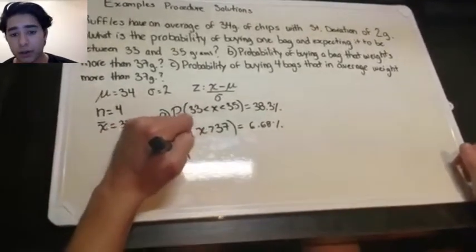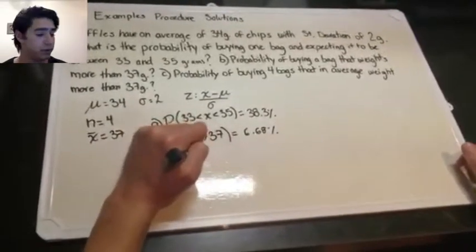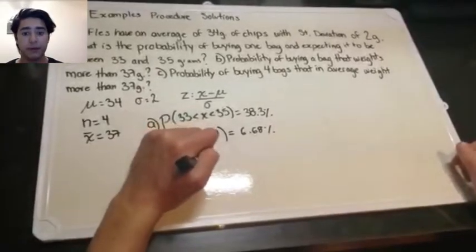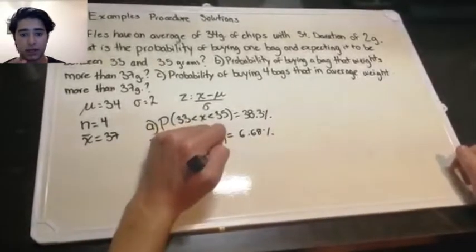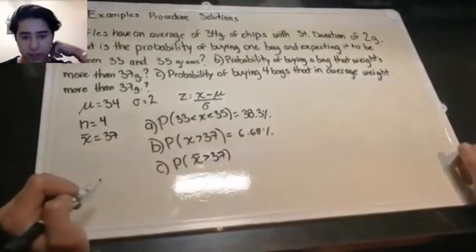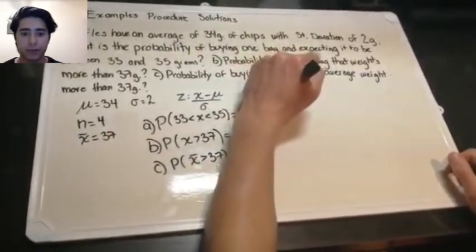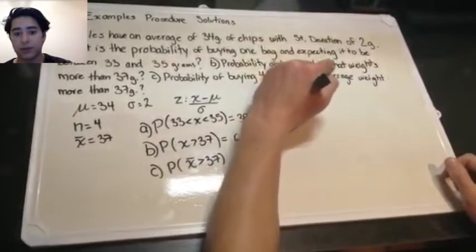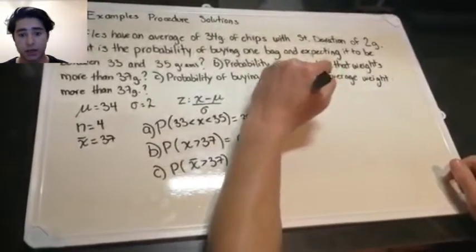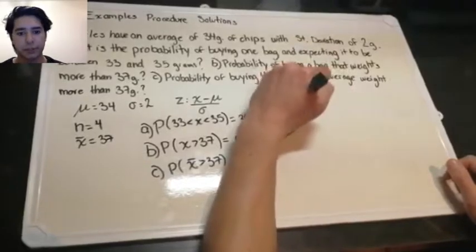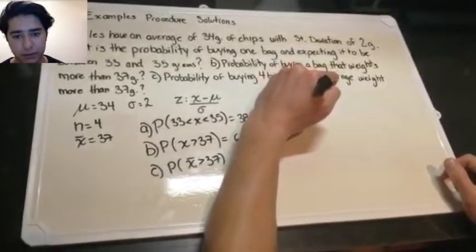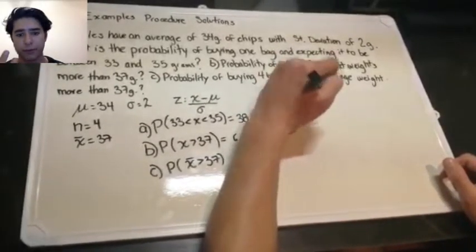Okay, so in the last part of the problem, we have to find the probability of 4 bags that weigh more than 37. To do this, we're going to use the other formula, and we have to take into consideration the sample size. In this case, it is 4 because of the 4 bags.